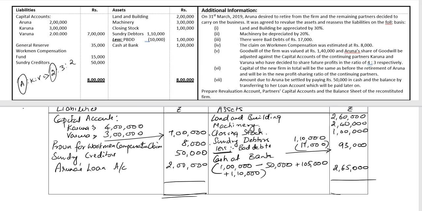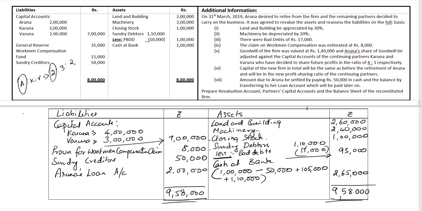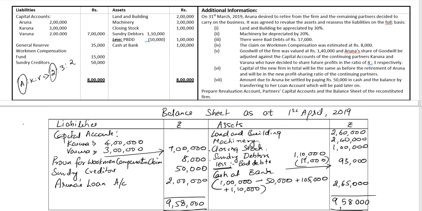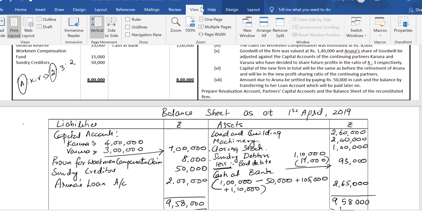Let's check if the balance sheet tallies. Liability side totals to 9,58,000. Asset side also totals to 9,58,000. So this is the balance sheet. I'll remove the split. We can view the entire answer.